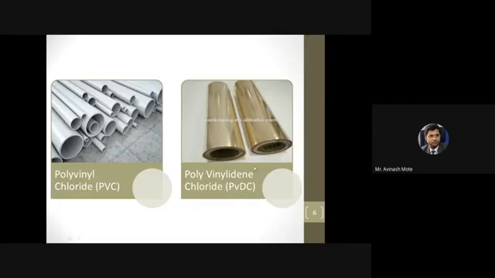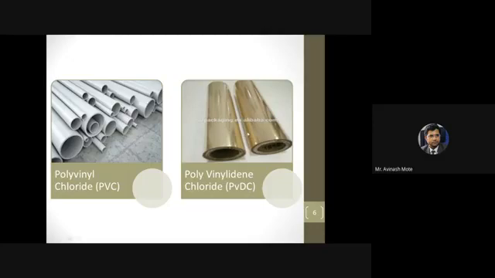And there is one more concept called PVDC, polyvinylidene chloride. Whenever you travel by train and purchase food packets, you will find that the food material is packed in a silver-like material.